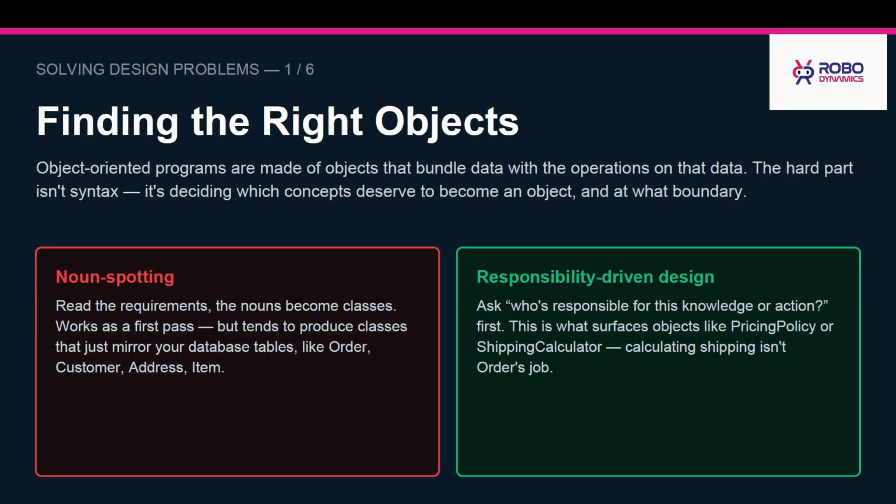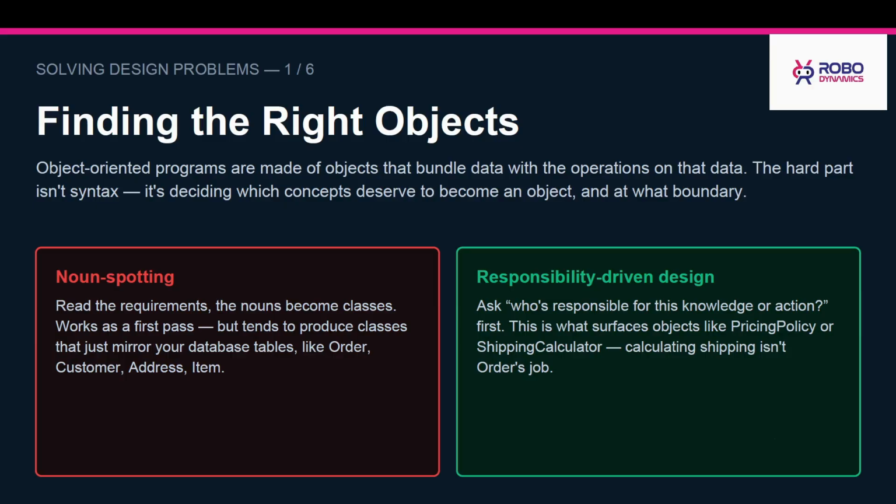Find the right object. Whenever you are doing a project and let's say you have a use case of place order, most designers or developers spot classes by looking for the tables. Imagine you have database tables like order, customer, address, item.